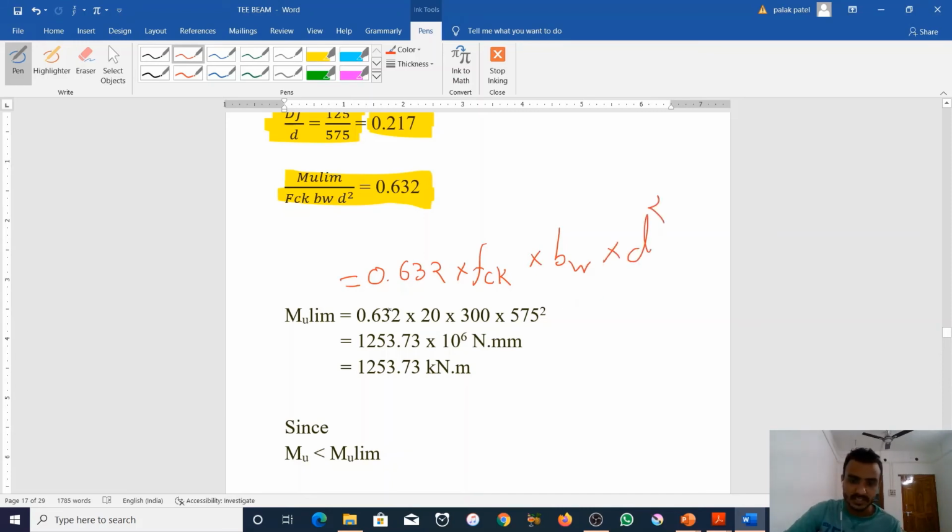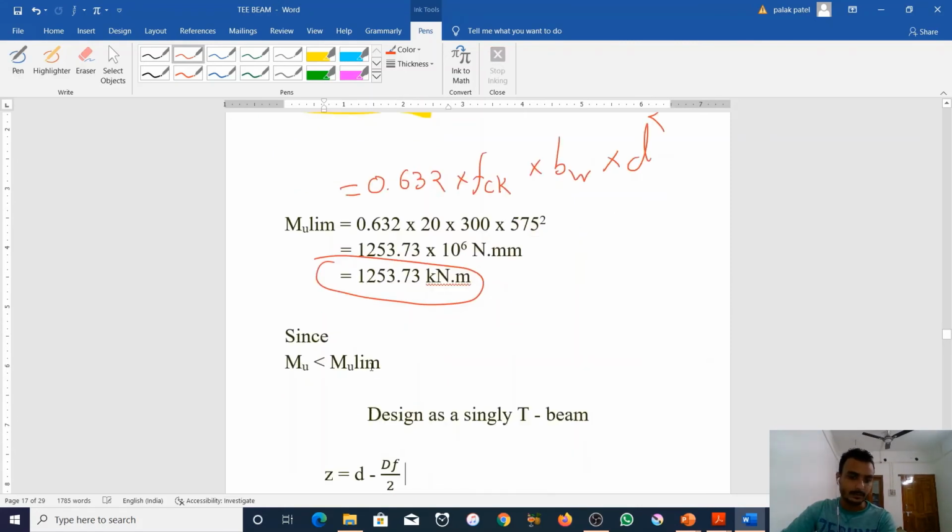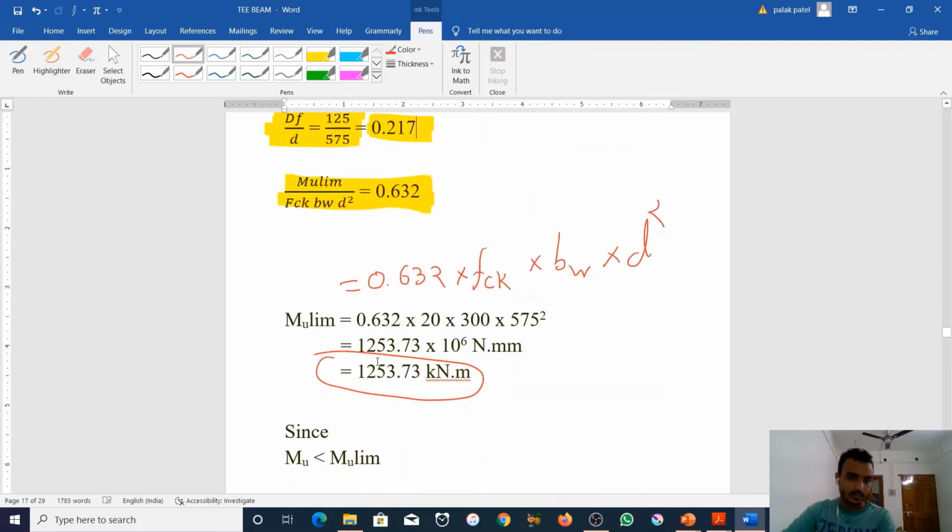So 0.632, FCK 20, BW 300 and D square is 575 square. So I found the Mu limit 1253.73 kilonewton meter. And we have a lesser Mu compared to Mu limit. Okay, so what is Mu we found?